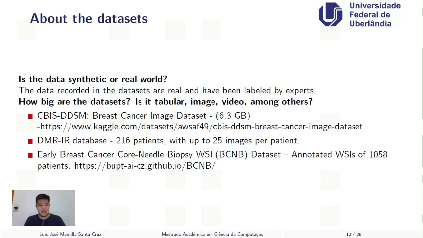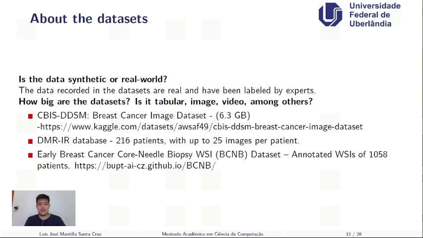Well, for example, we have here three relevant examples that were used in many papers. For example, CBIS-DDSM, a breast cancer image dataset, has 6.3 gigabytes, and the DMR database has 216 patients and up to 25 images per patient.